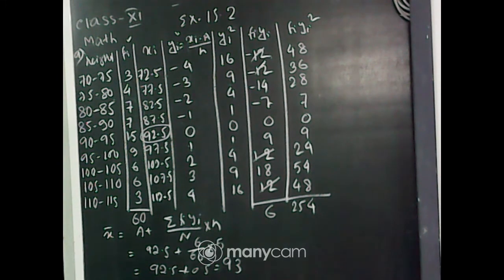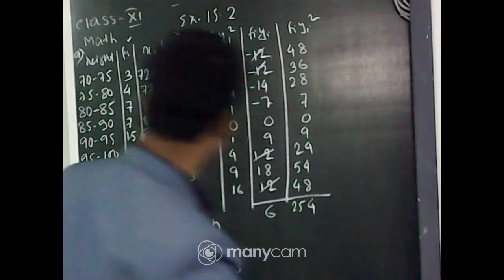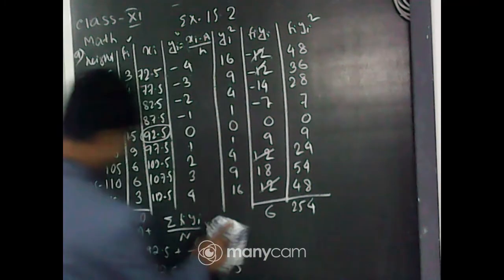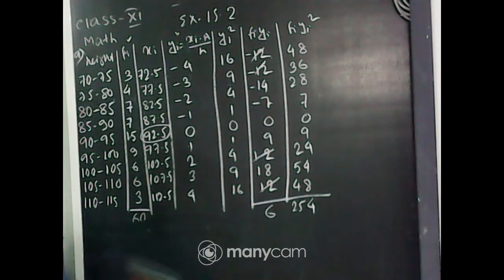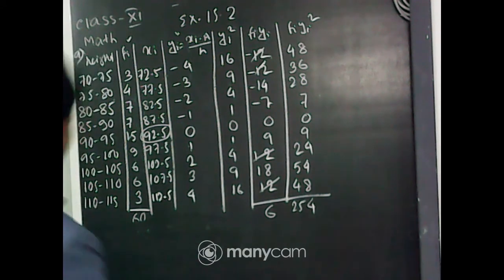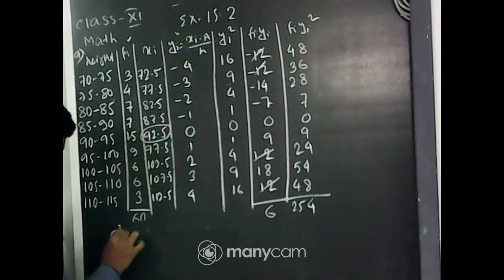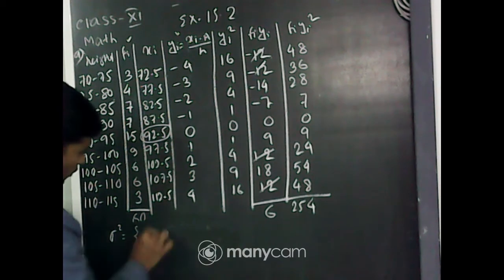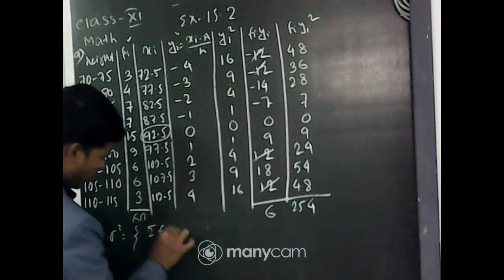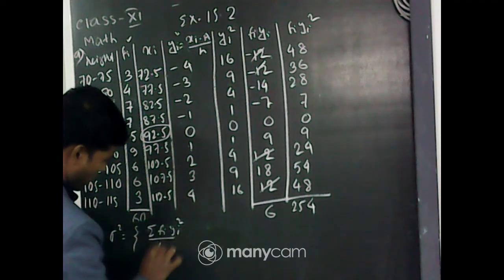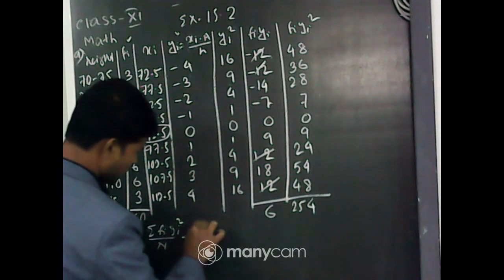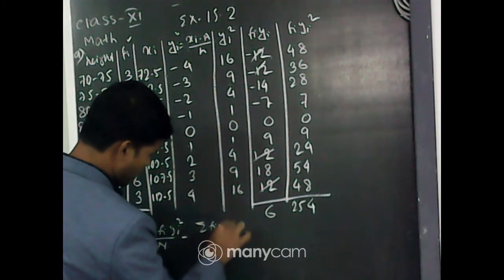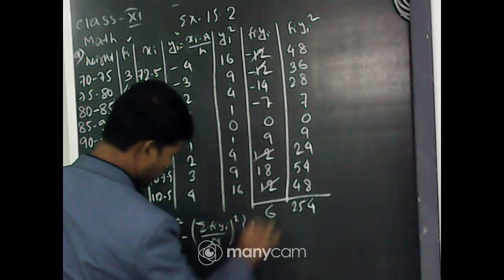Mean is calculated. Now we will calculate the variance of the data. Variance sigma square is equal to, we know the formula, summation of fi yi square by n minus summation of fi yi by n whole square, into h square. Okay.